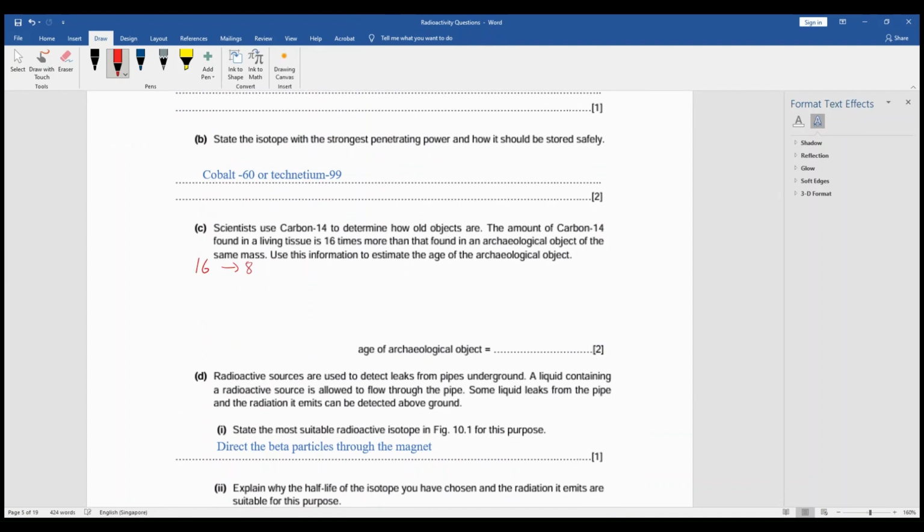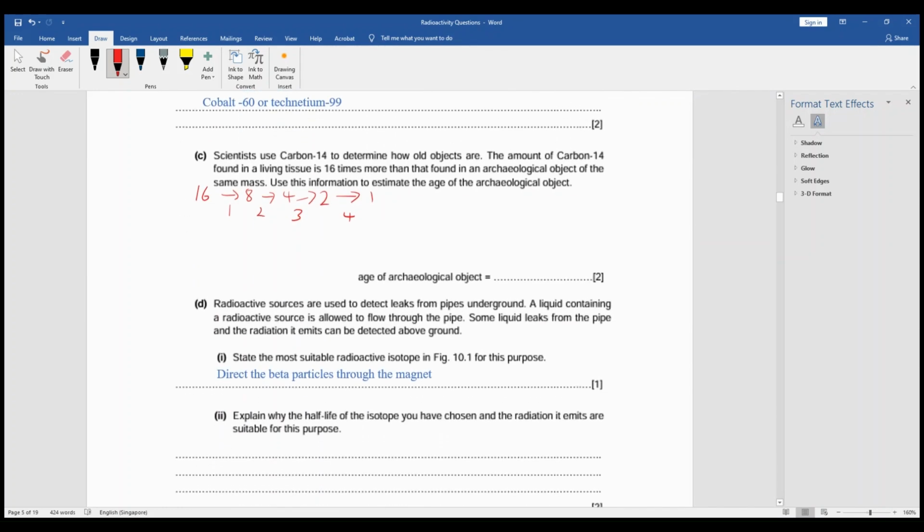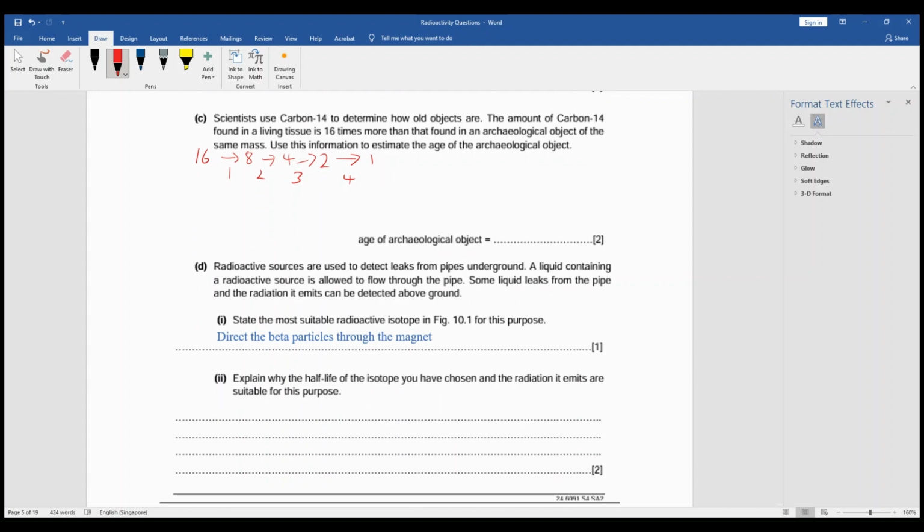You drop to 8, drop to 4, drop to 2, drop to 1. So 1 half life, 2 half lives, 3 half lives, 4 half lives. How much is 1 half life of carbon 14? It is 5,600 years. So 4 times 5,600 years gives me 22,400 years.